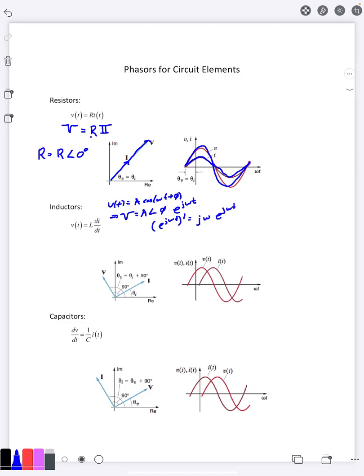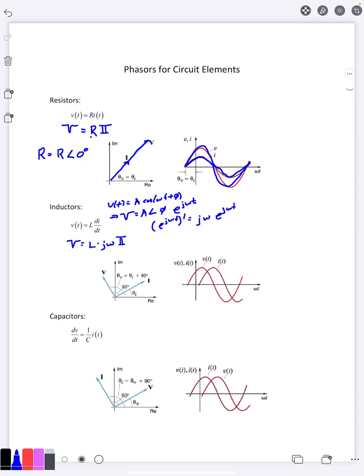So the end result over here is when we convert the equation for inductors, it says voltage is L di dt. You're going to have phasor voltage is L, and then instead of just phasor current, since you're taking a derivative, it's going to be j omega times phasor current.